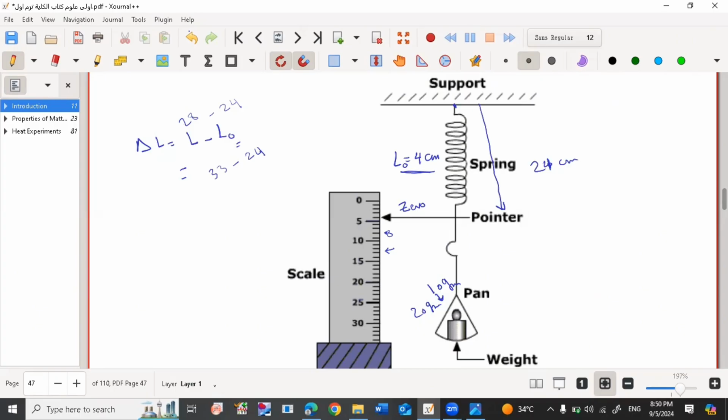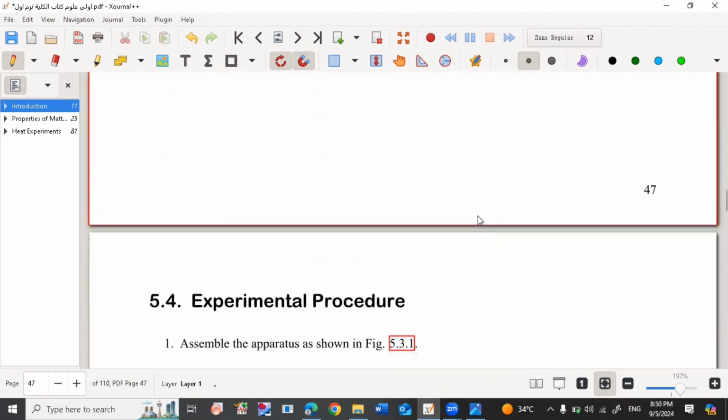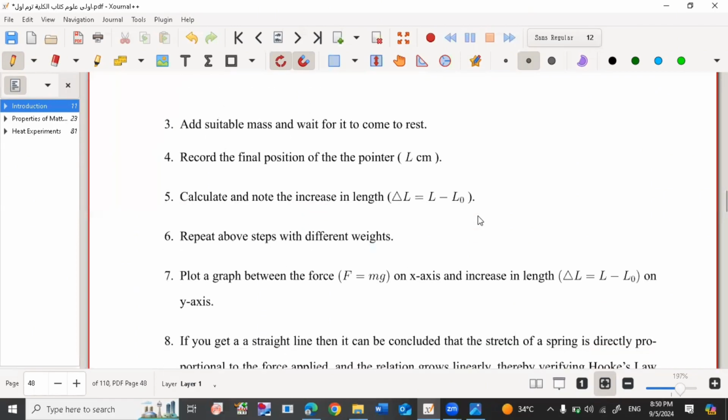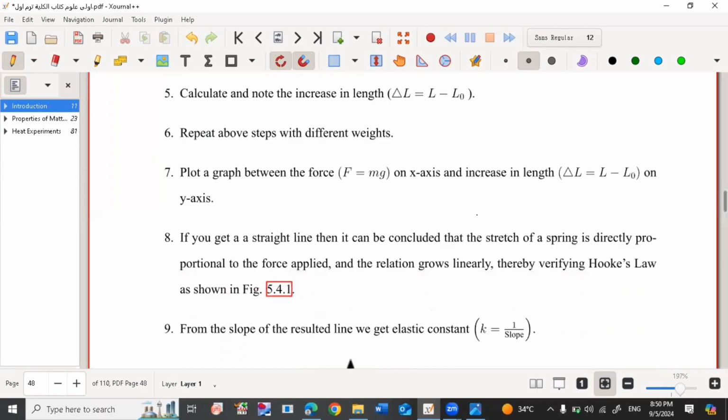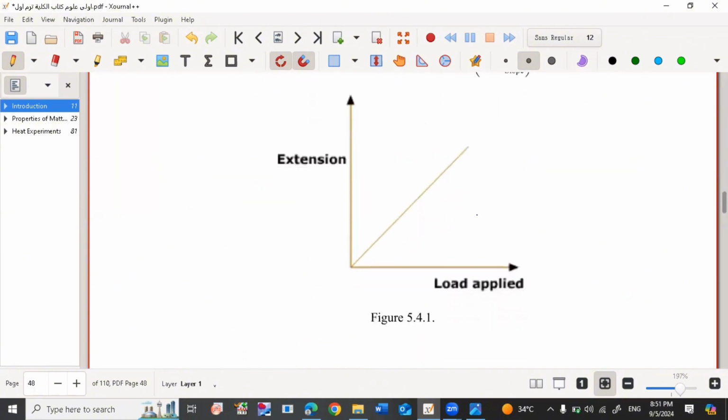After all this, we are going to make a relation between this delta L and the external force. So we are going to plot this relation here. Here will be the external force, which will be F equals mg, and here the extension, which will be delta L. And don't forget our units here.